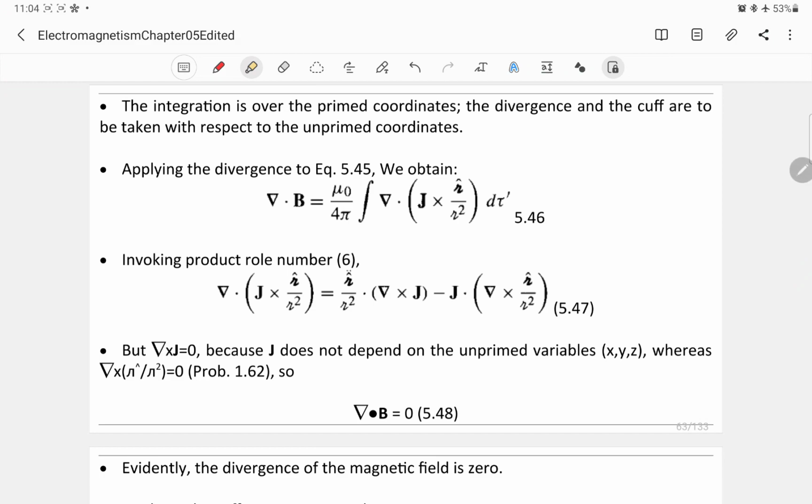The integration is over the prime coordinates, so the divergence and the curl, this one curl, are to be taken with respect to the unprimed coordinates. Applying the divergence to equation 5.45, we obtained this.